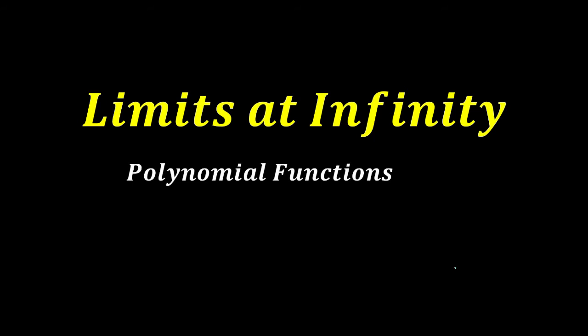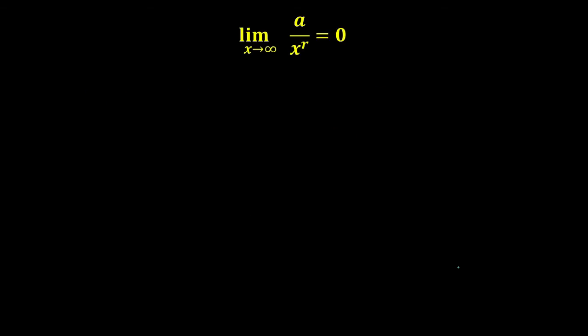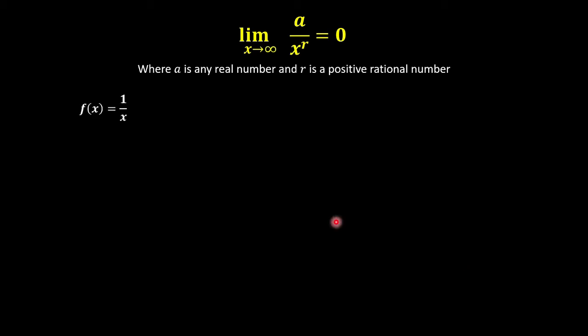In this video, we're going to cover limits at infinity of polynomial functions and some rational functions. Before that, let us establish the idea that the limit of a over x raised to r as x approaches infinity is equal to 0, where a is any real number and r is a positive rational number.